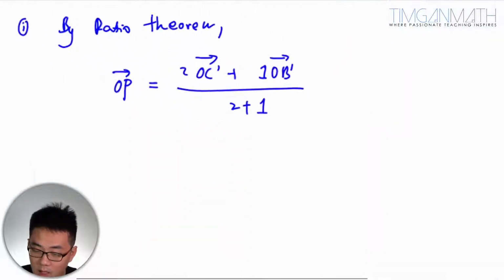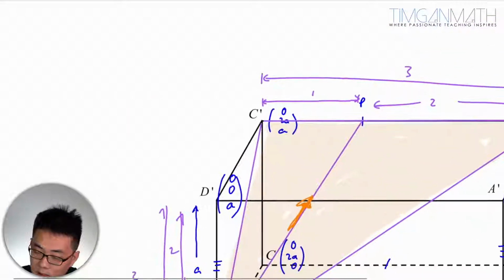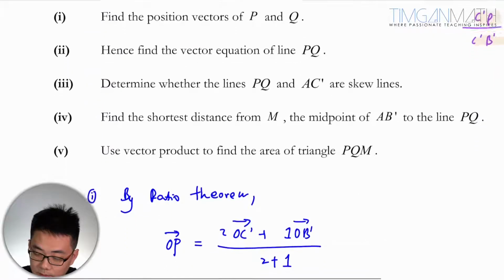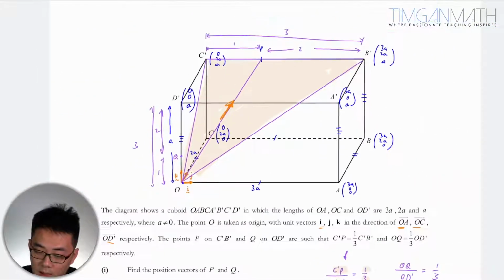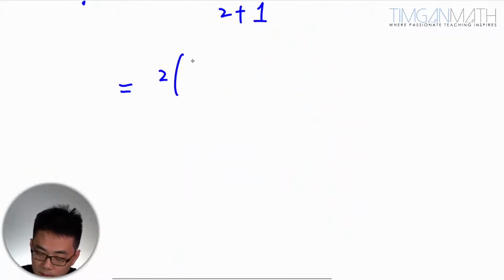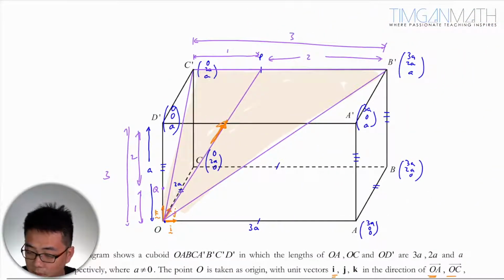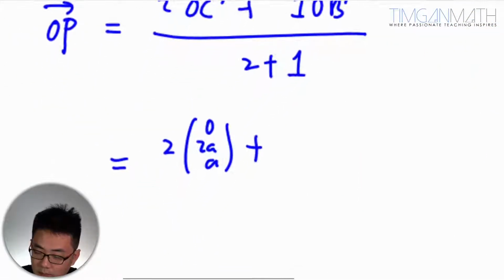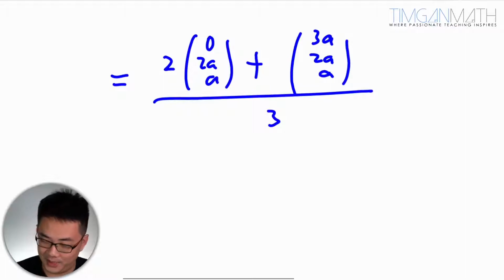So there you go. I need to just write 2OC'. OC' is 0, 2a, a. So 2 times 0, 2a, a, plus OB' is 3a, 2a, a. So we add everything up nicely here.